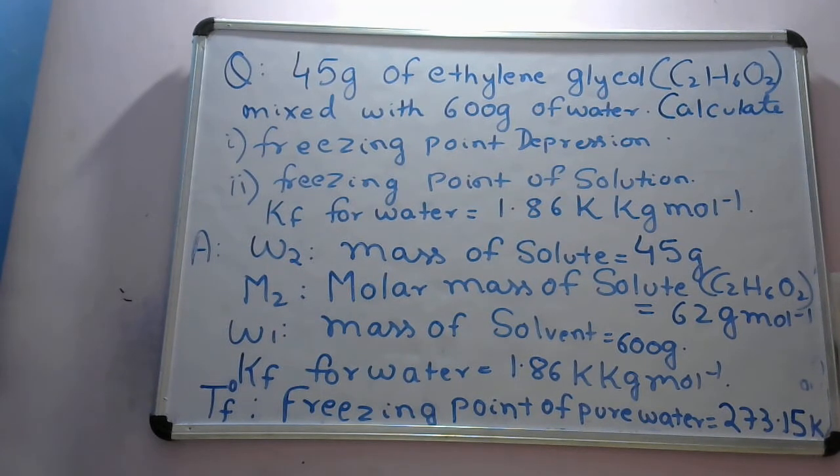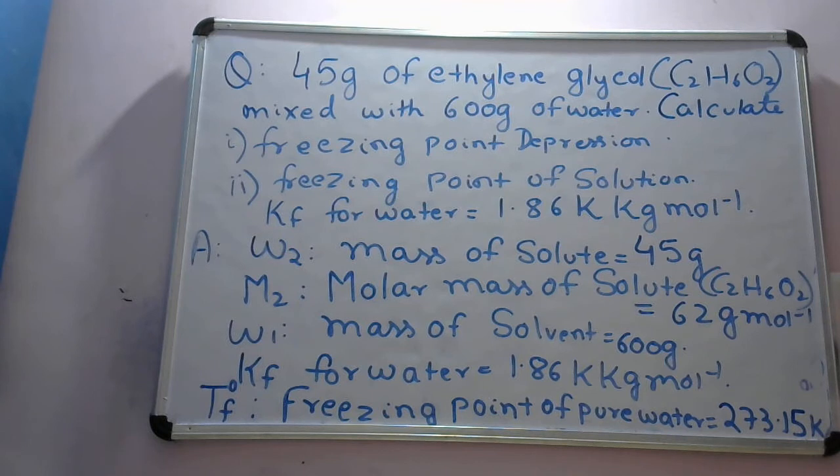Tf naught symbol means freezing point of pure water, when no solute is added and only pure solvent is there. Then the freezing point is 273.15 Kelvin, that is 0 degree Celsius for pure water. Note it down, then we will go for the solution.